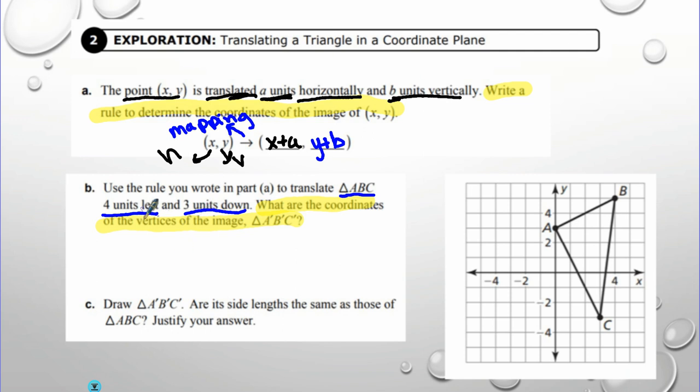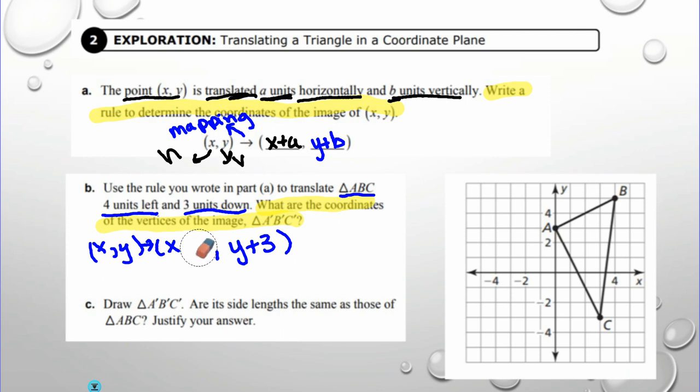In order to answer that question, it says use the rule I wrote up here to translate triangle ABC 4 units to the left and 3 units down. If I'm going left or right, that is my horizontal component. So it's telling me to take this mapping and do X plus 4 and Y plus 3. I'm going to move each one by its vertical and horizontal component. So I'm going to take A and go to the, oh wait, it said to the left 4.